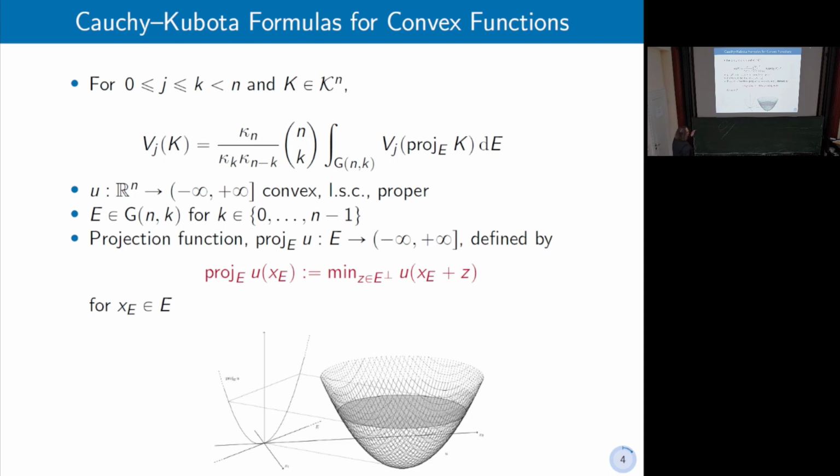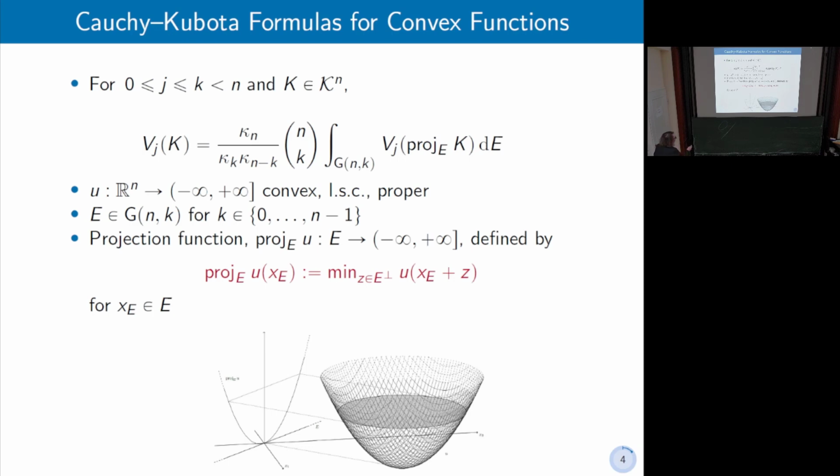This is what can be seen in this picture. This picture is stolen from one of my co-authors, Fabian Mussnig. And I think this is an easy way to remember this formula, which means here we at least have this projection well defined. We still have the same Grassmannian, the same measure. This is not a problem.